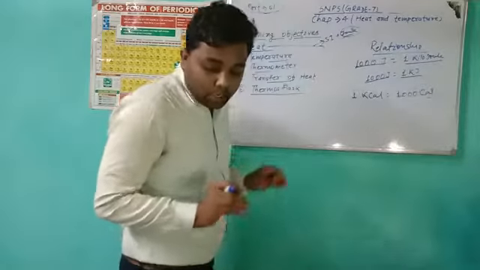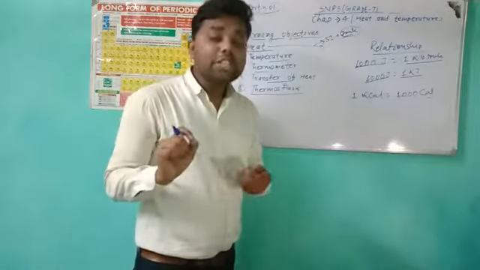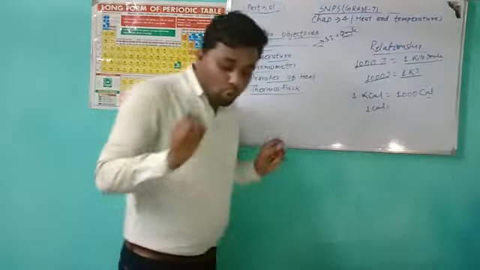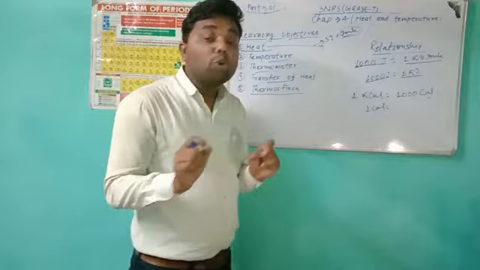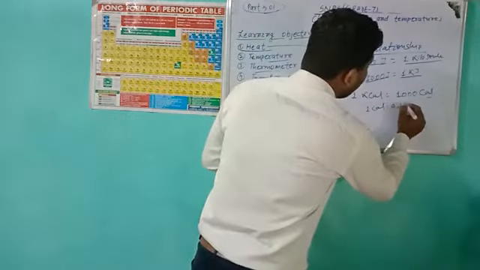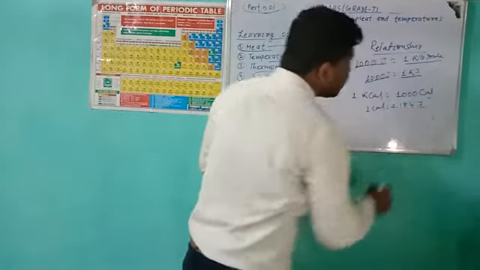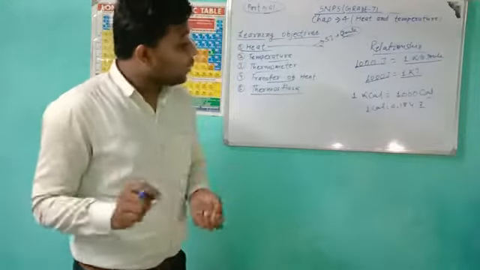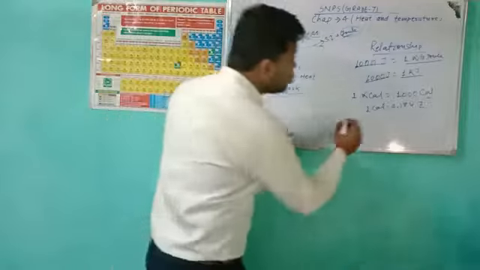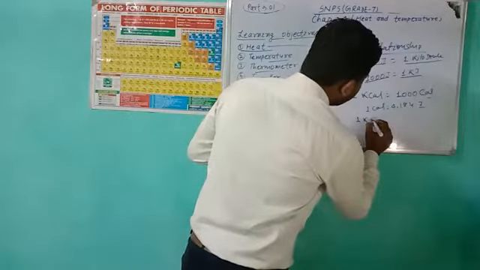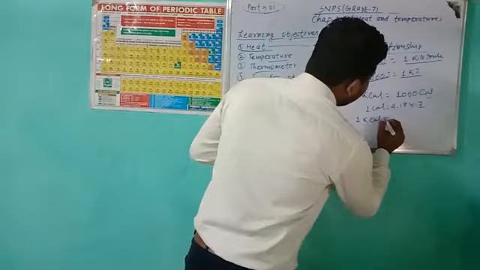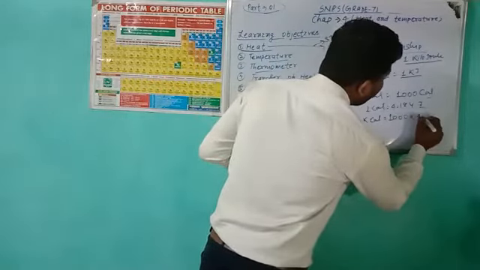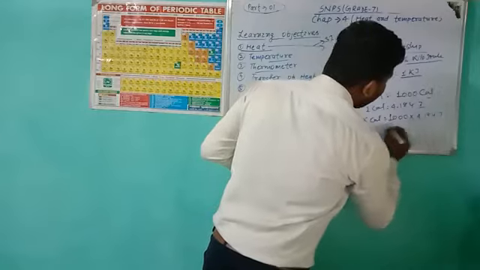And 1 calorie is equal to what in joules? 1 calorie is equal to 4.184 joules. These are some formulas that you have to understand. From these we can obtain 1 kilocalorie, which is equal to 1000 times 4.184 joules.